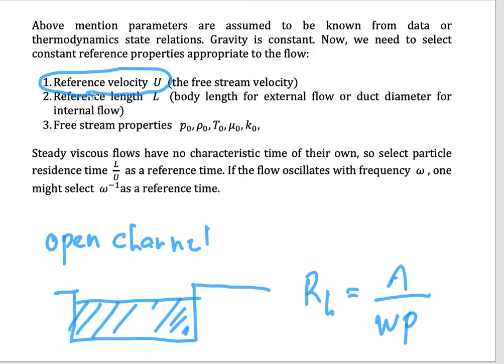And then the third one is the stream properties, meaning the properties of the fluid. We have pressure, we have rho, we have temperature, we have mu, we have other parameters. Normally people take the density of the fluid as the major concern in doing the dimensionless parameter.